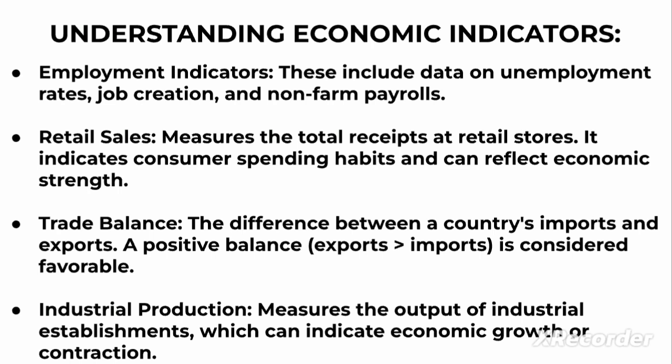It cuts across every sphere of the economy, infrastructure. Once these industries are being erected in a particular country, it signifies positivity for that country, and it will definitely affect the economy of that country.